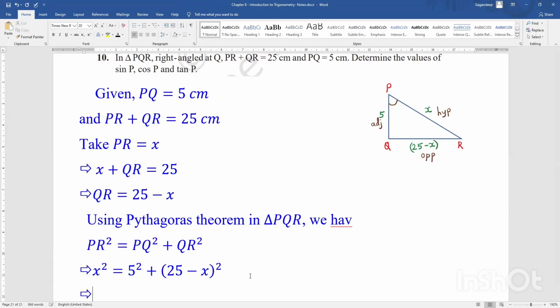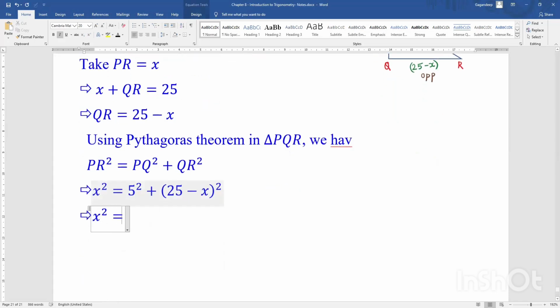That is nothing but X square equals to 25, so 5 square is 25, plus then we apply the identity a minus b whole square. So a minus b whole square is a square minus 2ab plus b square. So we are going to apply that identity.